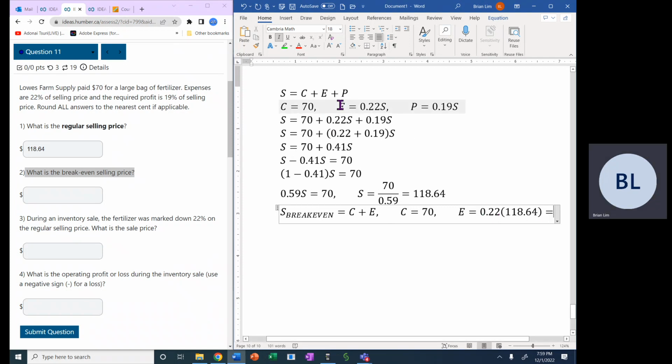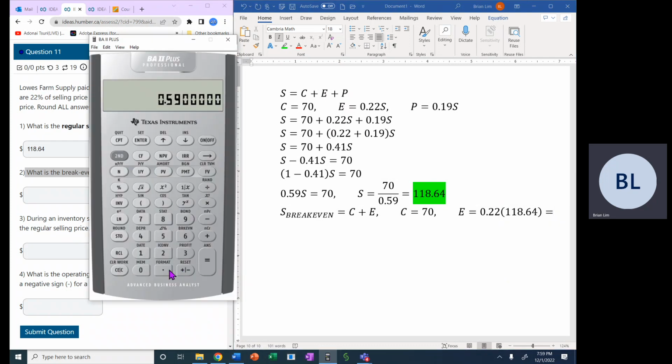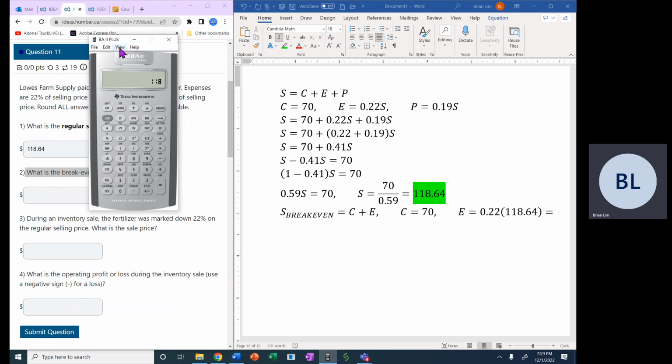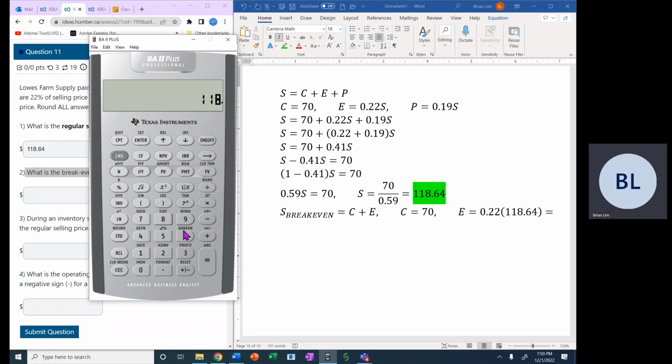Remember, that is the expenses, 0.22S, and we found the value for S. We can use our calculator to get 0.22 times 118.64, and that gives 26.10.